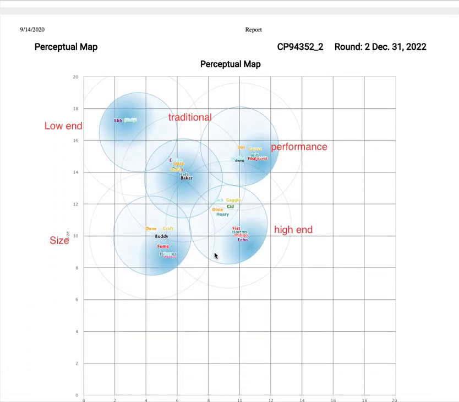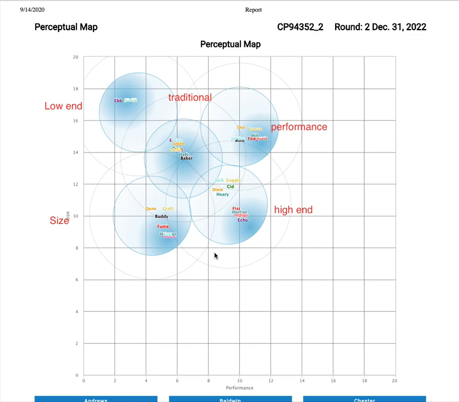Okay, lastly, I want to show the perceptual map. It's the low end, traditional, performance, high end, and size. I'm very pleased to see that a majority of your products actually hit or are near the ideal spot. When you hit the ideal spot, you get the most sales.